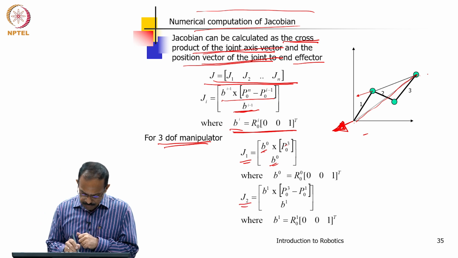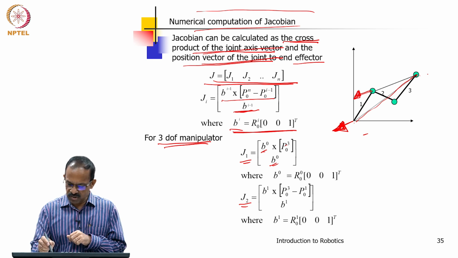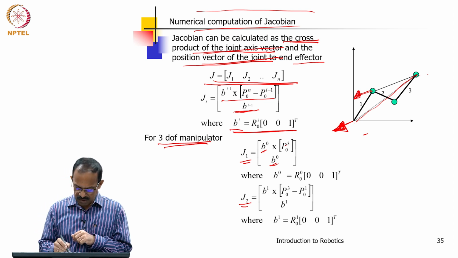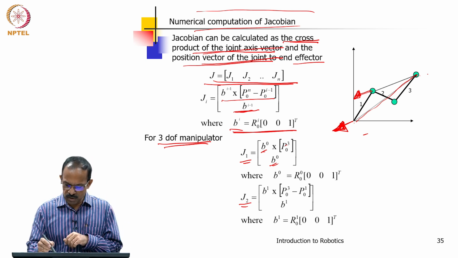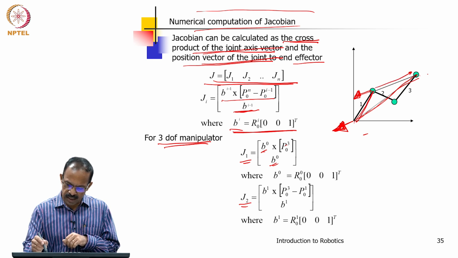and then J2 will be B1. So, B1 is this joint axis. So, B1 cross this position vector, okay, P03 minus P01. So, P03 is this one and P01 is this one. So, subtracting that you will get P13.